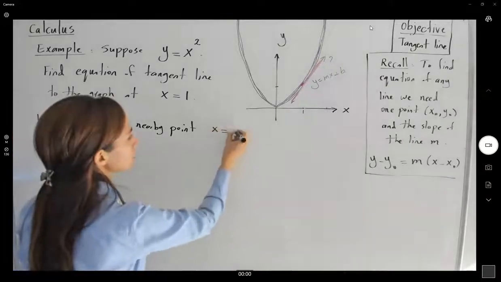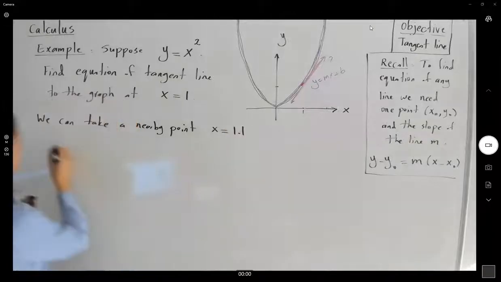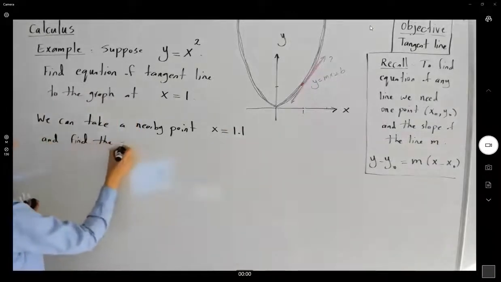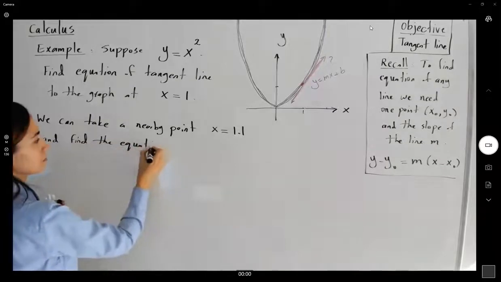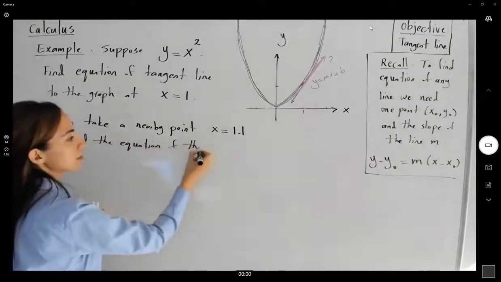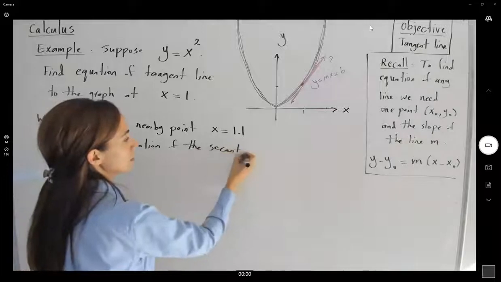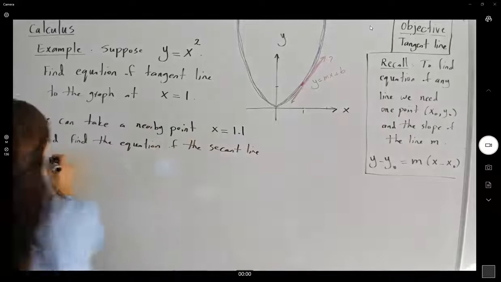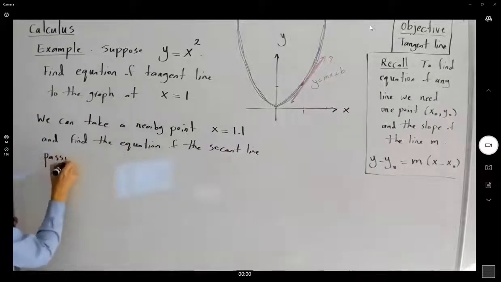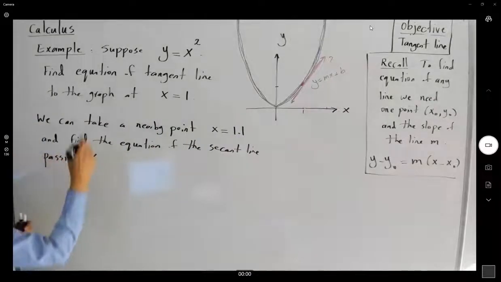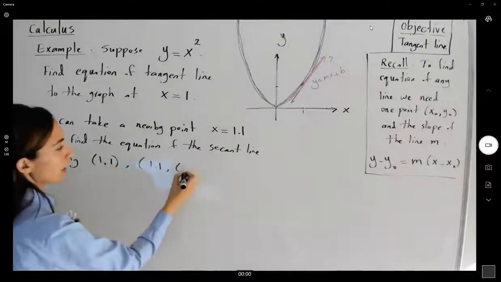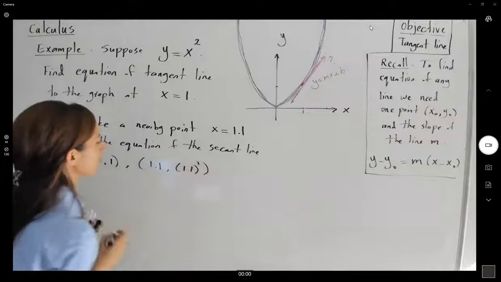X equals 1.1, and find the equation of the secant line passing through two points, 1 and 1, and 1.1 and 1.1 squared.